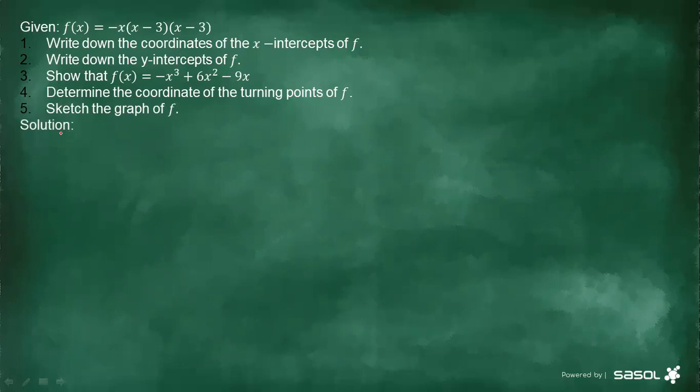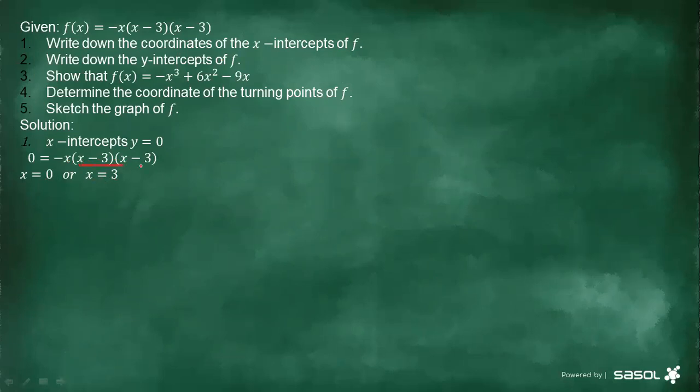You let y be 0 there. Then you just solve for x, because now it's already factorized for you. So the first is x equals 0, and this one is x equals 3.